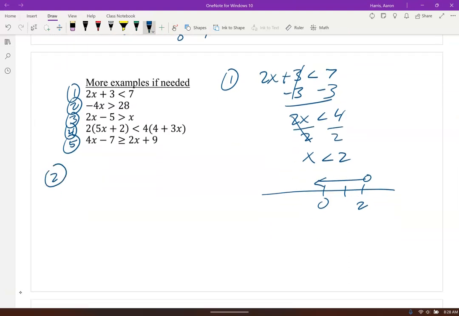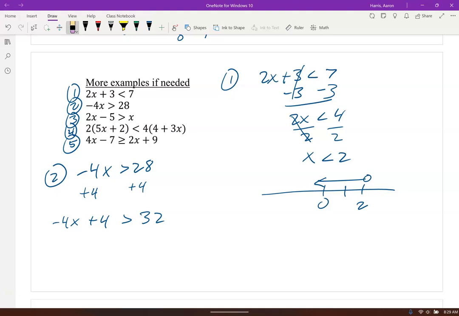On the second one, if you notice the -4x is greater than 28, I do get this a lot where students will sometimes try to add 4. Well, what happens if you're trying to add 4 is now you have this. Well, that's wrong, and this is totally different, right? You'd have to actually undo that again.